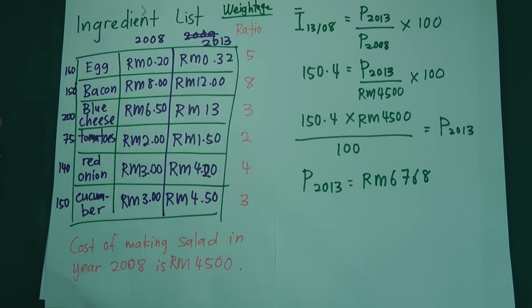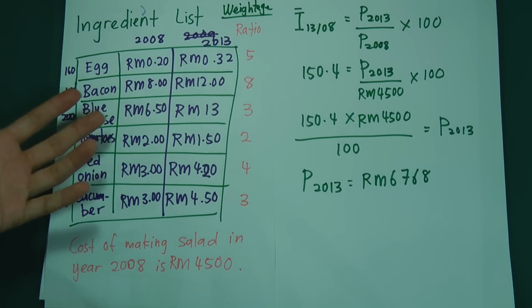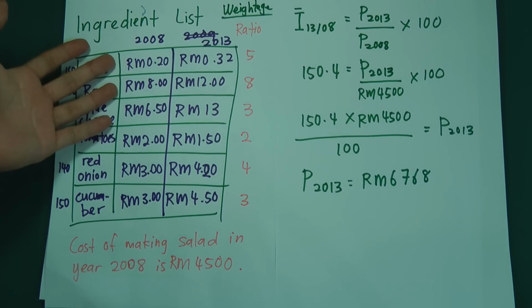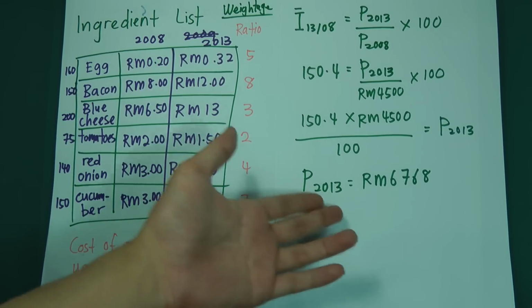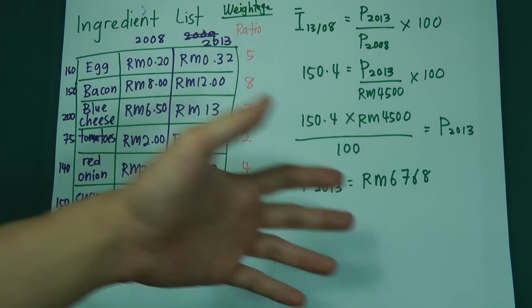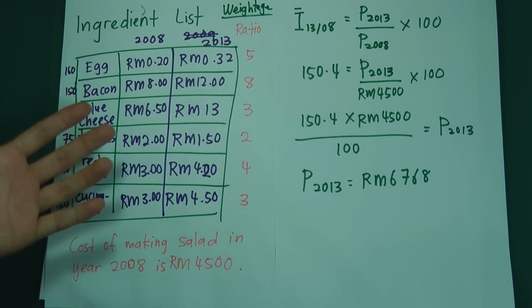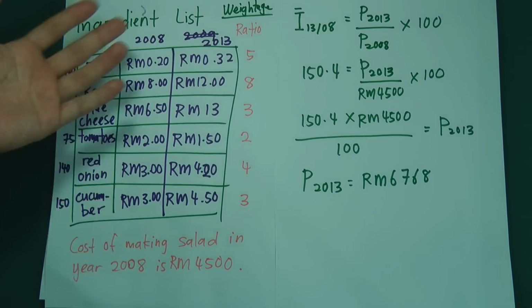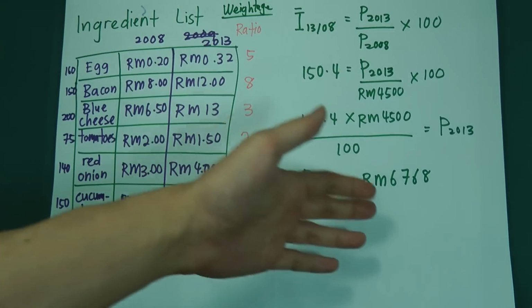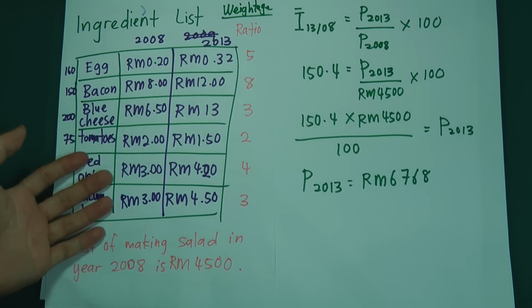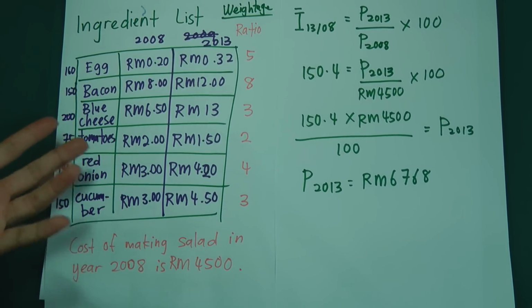So of course, in year 2013, your salad has to sell much more expensive compared to year 2008. If not, you surely cannot cover your expenses. Unless your salad in year 2008 already sold at a very high price, then maybe it won't affect too much. But if your revenue is not high enough, then you have to increase your price.